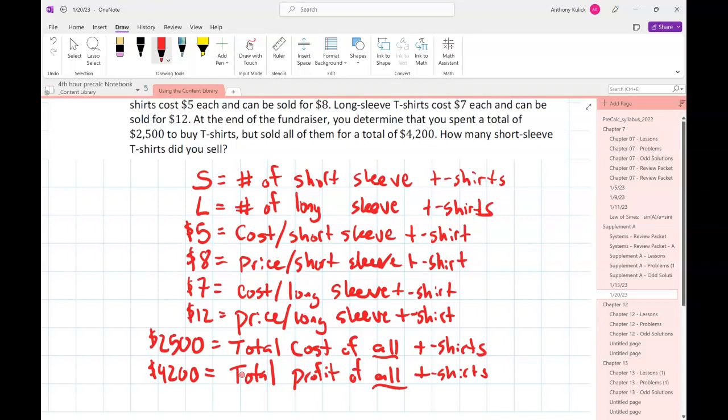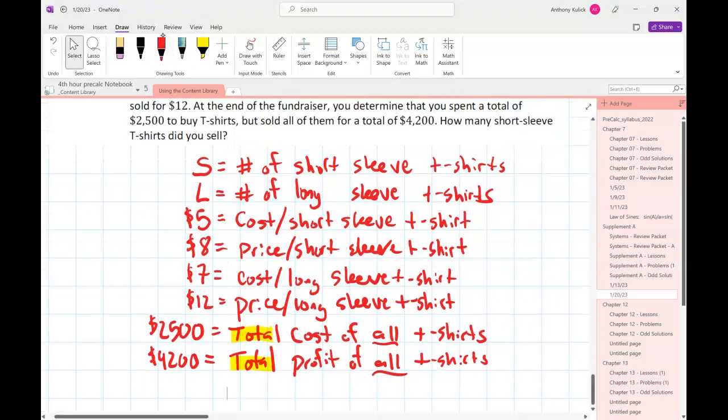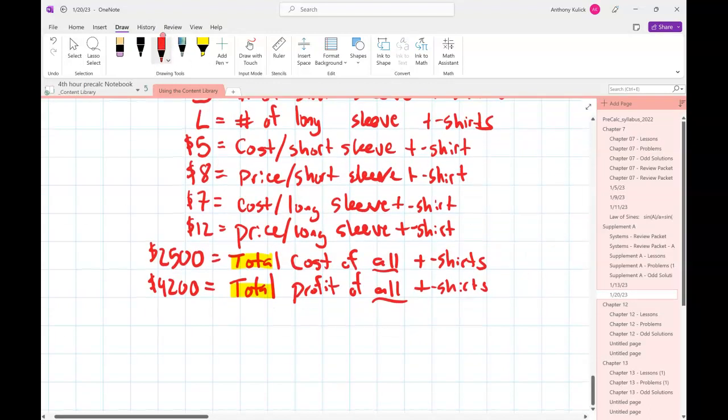Everybody feel good about what all these numbers are representing here? All right. So right away, what jumps out to me is that these two quantities are totals. So I think I'm going to have one equation representing the costs and then one equation representing the profits.